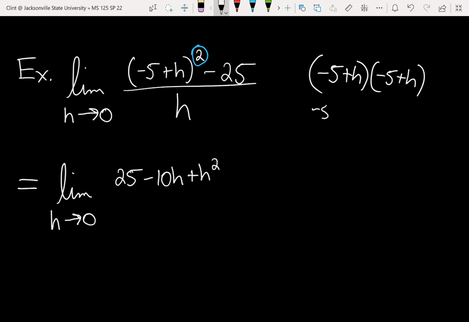Or do FOIL and end up with the same thing, you just have one more step, you have to combine like terms. That's it multiplied out.